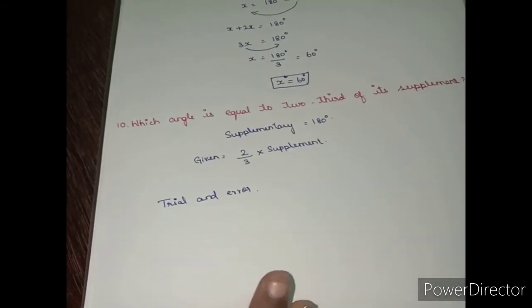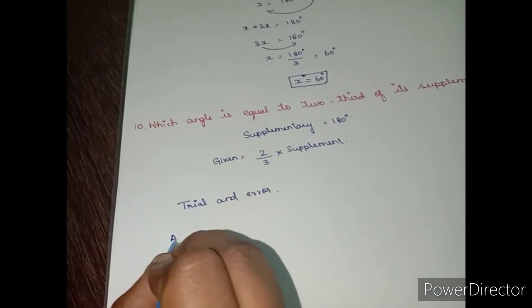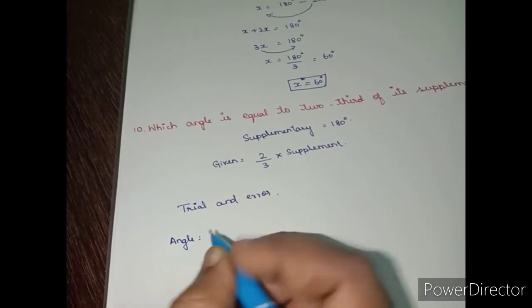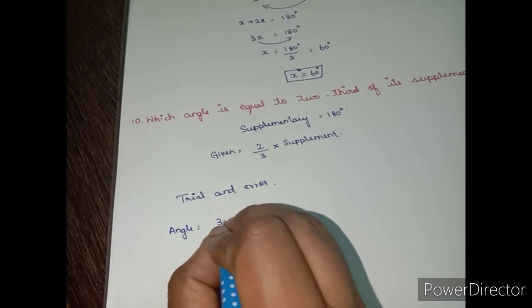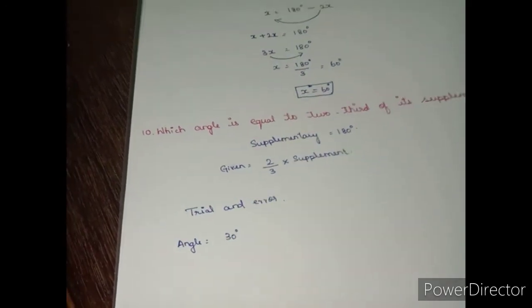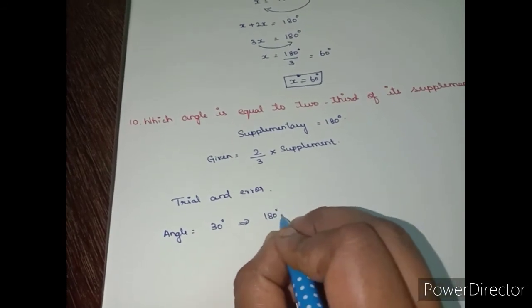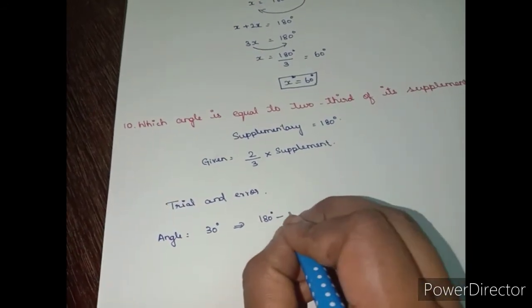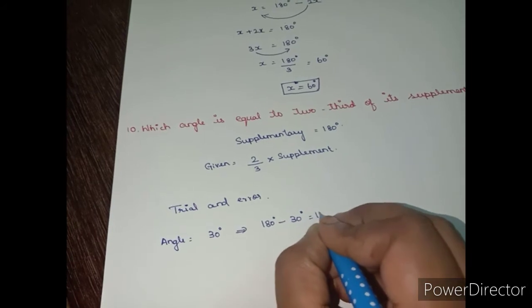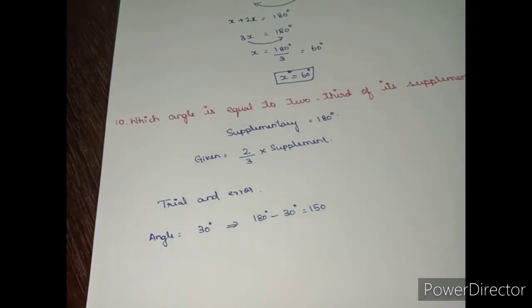First, one angle. First we'll go with 30 degrees. So what is the supplement? 180 degrees minus the angle which we are assuming, it is 150, right?